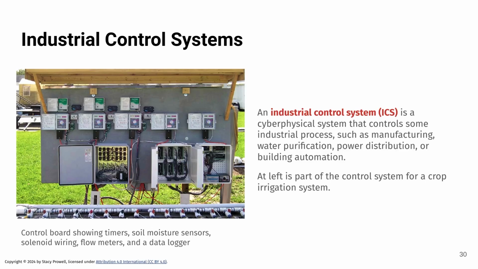And it contains a lot of the same things that you would see in a power grid. It contains sensors, it contains data loggers and historians, it contains specialized stuff like solenoids to turn the water on and off, flow meters, moisture sensors, all of these different little pieces.